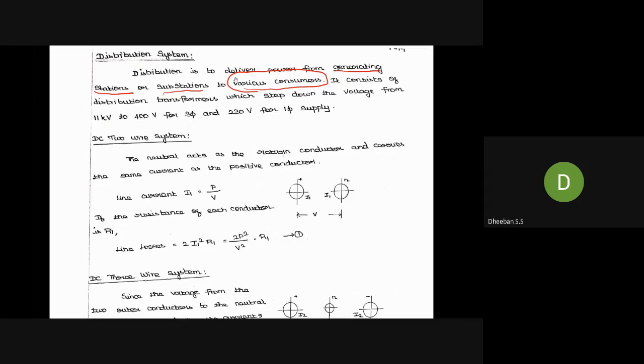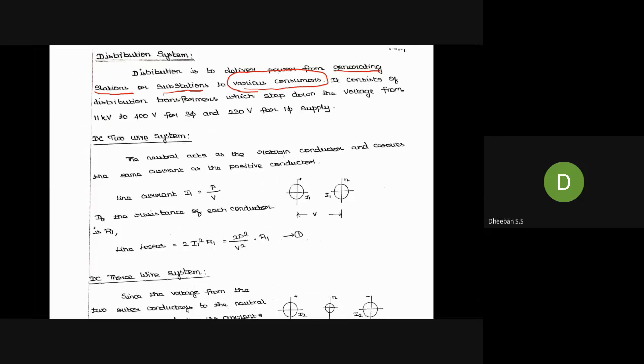This consists of distribution side transformers. There are different types of transformers. Typically, we will be making use of your distribution transformer.